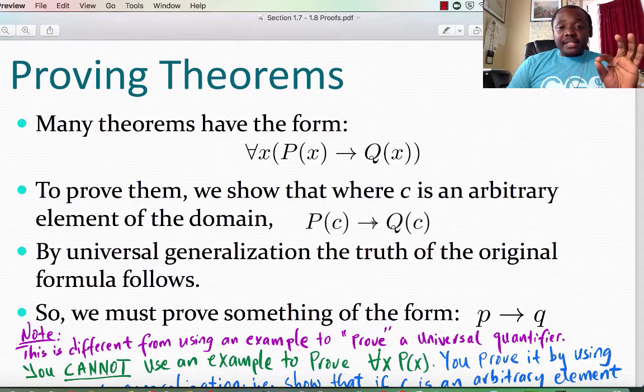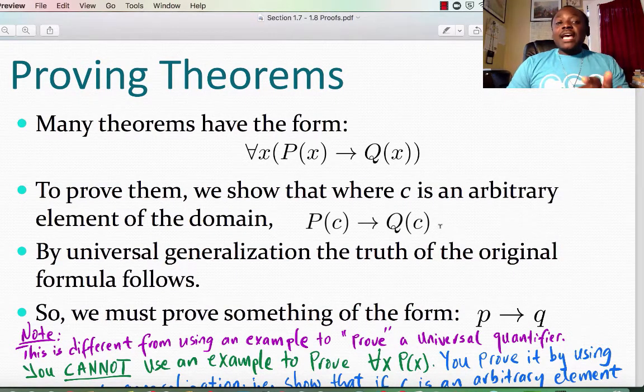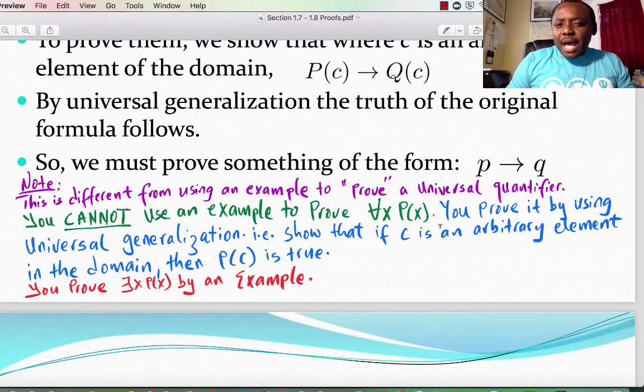We are saying that we chose C arbitrarily or at random from the domain and then prove that P of C implies Q of C. Once that is established, then we can use universal generalization to conclude that for every X, P of X implies Q of X. So, whatever happens, we must prove something of the form P implies Q.